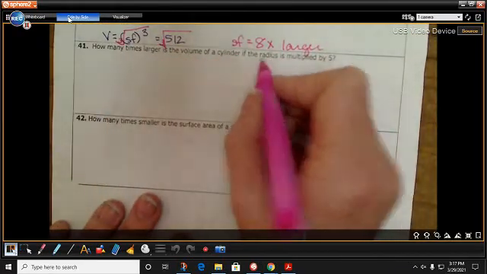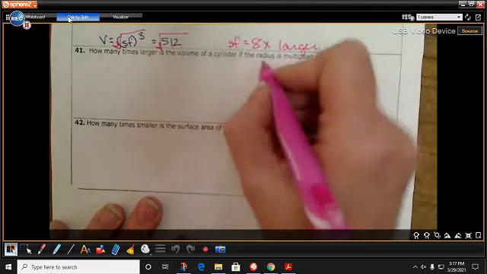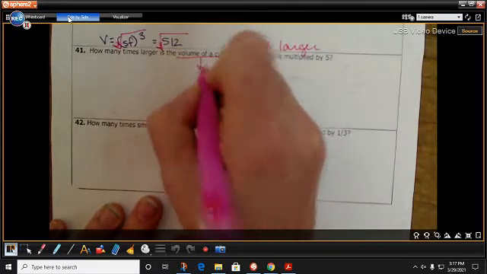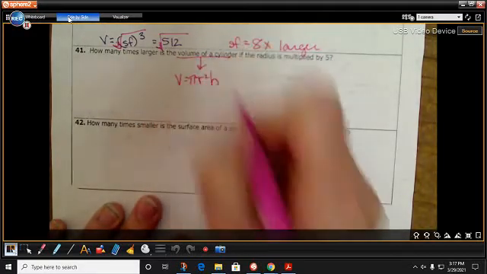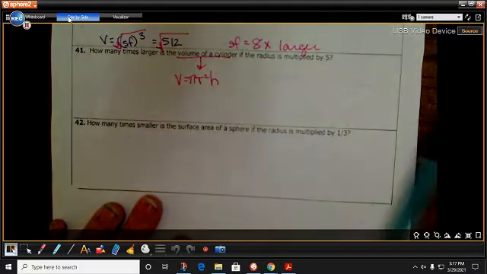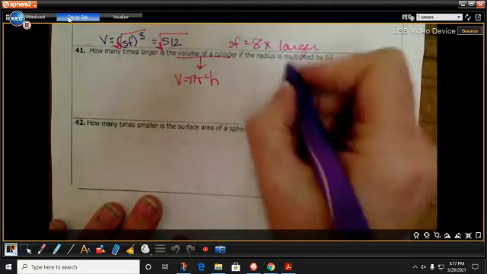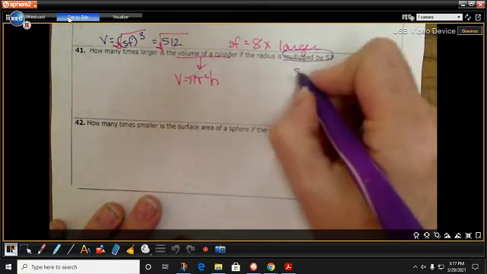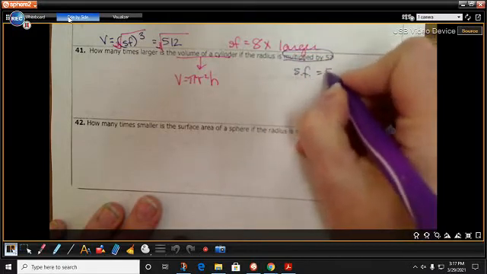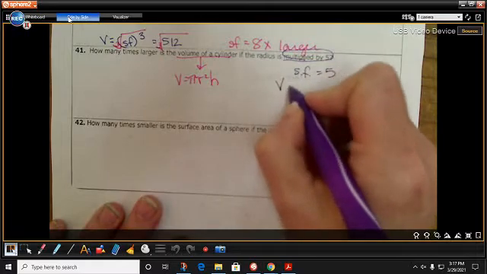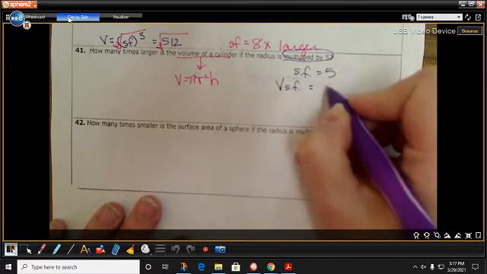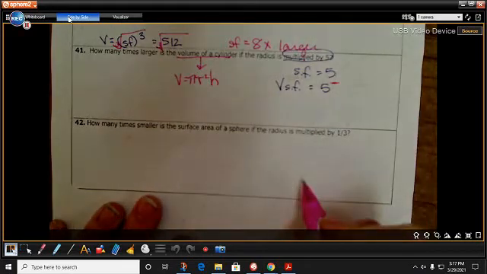How many times larger is the volume of a cylinder if the radius is multiplied by 5? And so my volume of a cylinder formula is going to be pi r squared times height. And so I go, okay, my radius is multiplied by 5. So my scale factor was 5. But I need to do a volume scale factor. And so I'm going to need to take 5 and raise it to some power up here.